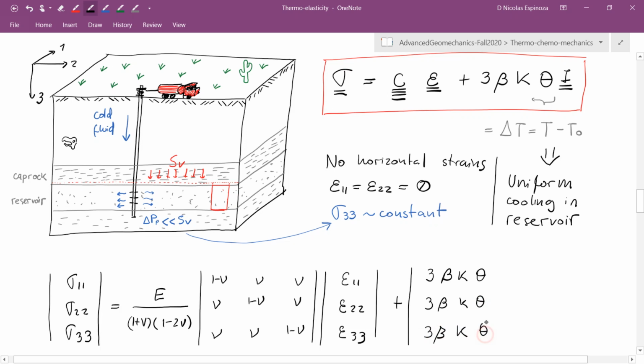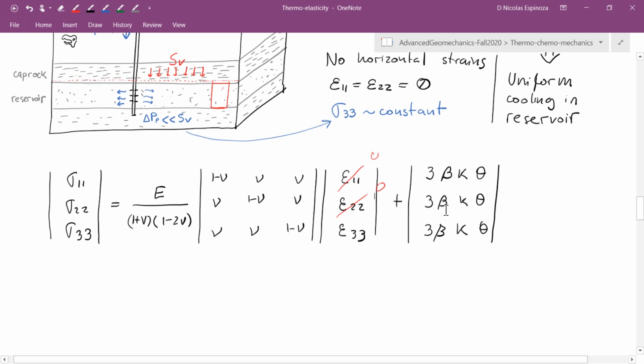The next step is going to be to use our boundary conditions so that we can solve for the parameters that we want. Since the horizontal strains are 0, then I can cancel these two terms, and I can obtain equations for sigma 11 and sigma 33 as a function of epsilon 33 and as a function of the change of temperature.